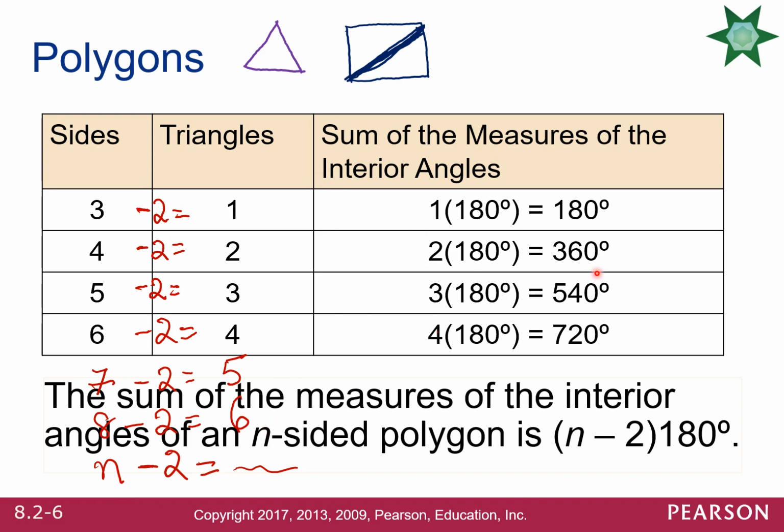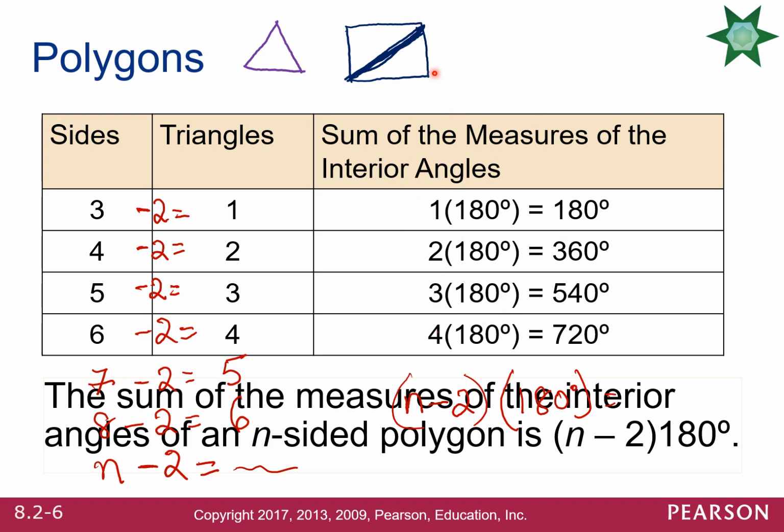So you can get the sum of the measures of the interior angles for any polygon by using the formula (n minus 2) times 180 degrees. All right, so we just applied our knowledge of deductive reasoning to come up with a formula to not only determine the number of triangles you can expect in a polygon, but also to figure out the sum of the measures of the angles of a polygon.